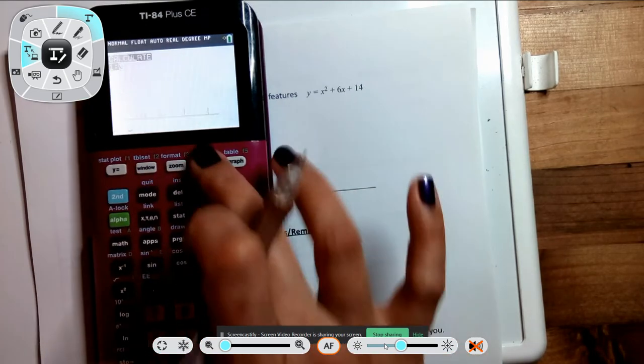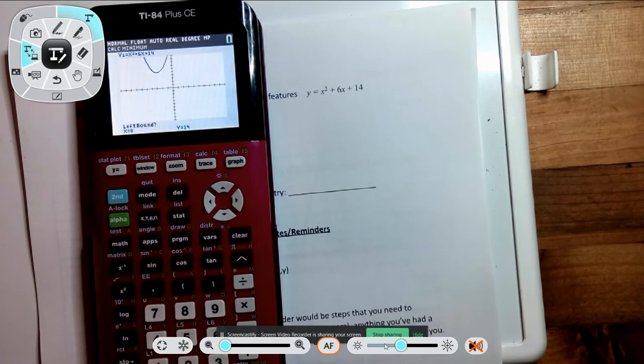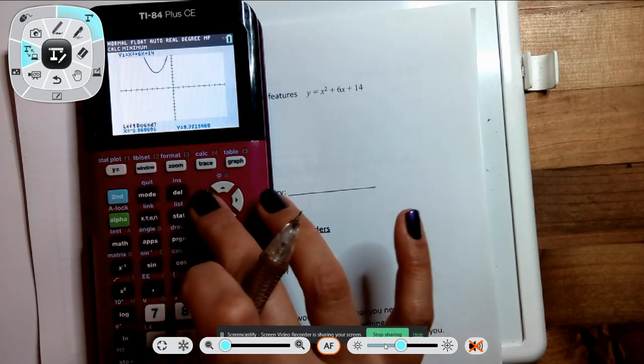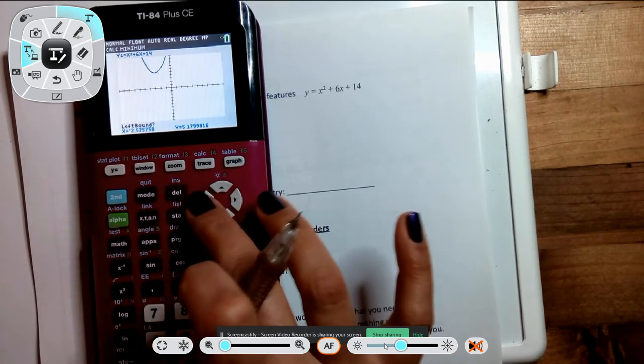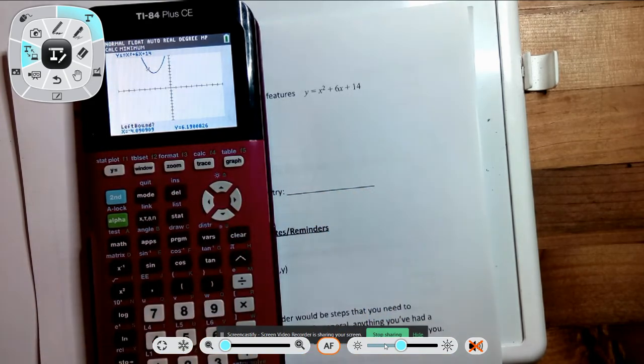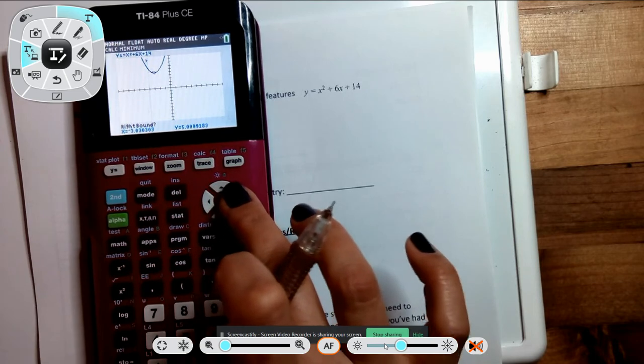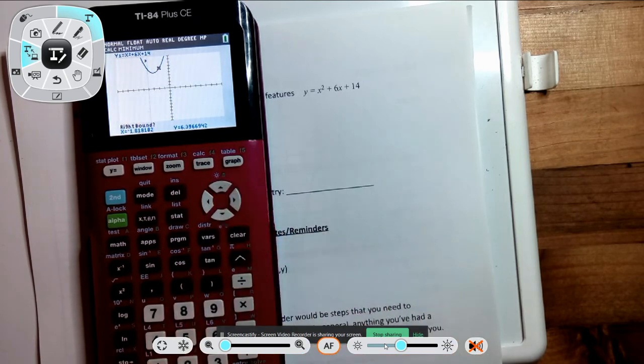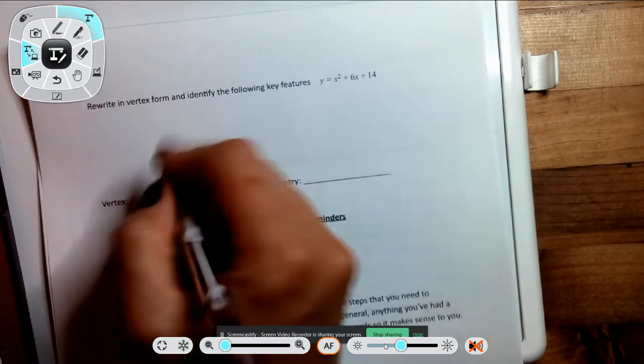But let's go ahead and check it again. So we're going to do minimum, and I'm going to pick a point anywhere. See on the bottom here how it says left bound? I just have to pick anything on the left side of my vertex, and then anything on the right side of my vertex, and hit enter. And sure enough, it does give me -3.5.